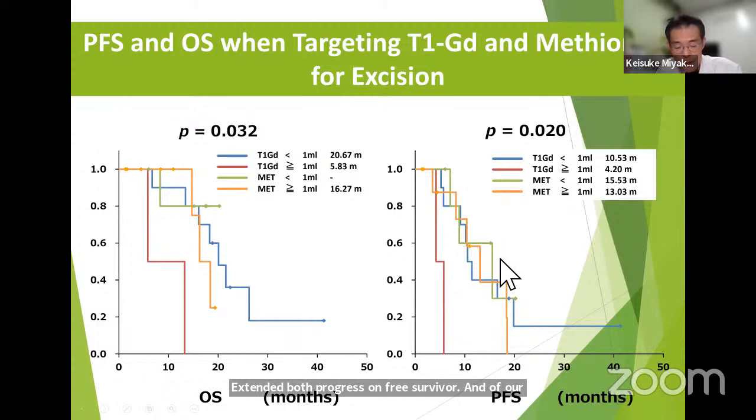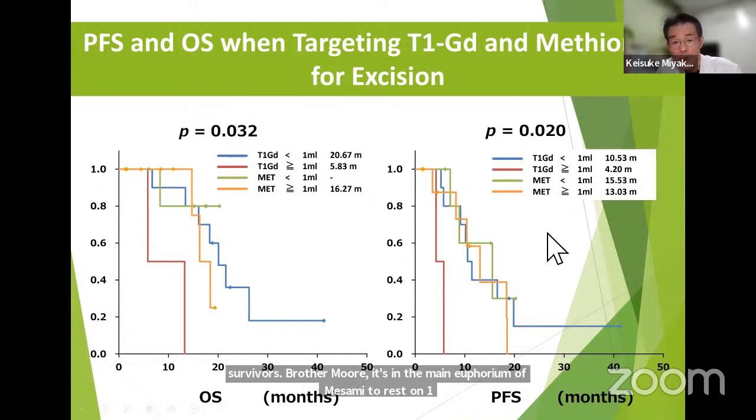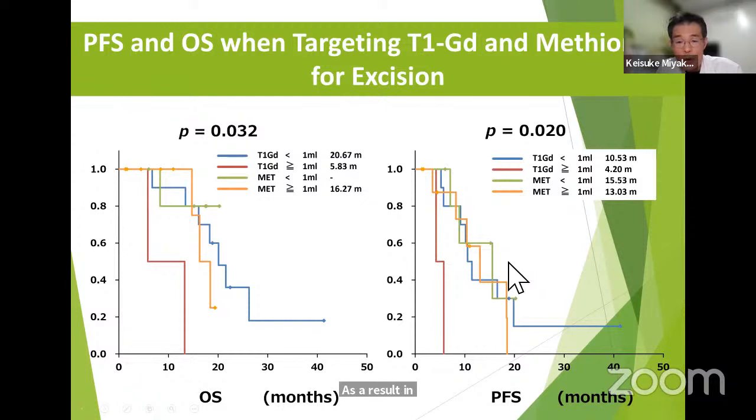Furthermore, reducing the remaining volume of methionine to less than 1 milliliter resulted in a longer extension of progression-free survival and overall survival compared to reducing the remaining volume of enhanced MRI to less than 1 milliliter.